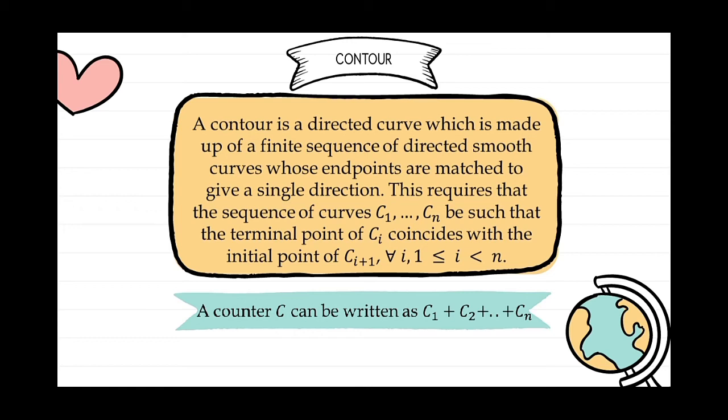This requires that the sequence of curves C1 until Cn be such that the terminal point of Ci coincides with the initial point of C(i+1) for all i, 1 less than or equal to i less than n. I mean, this is not counter but contour. A contour C can be written as C1 plus C2 plus and so on until plus Cn.